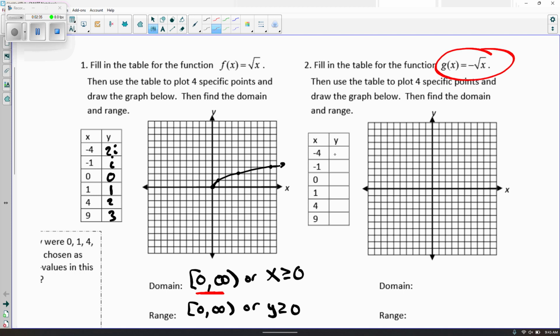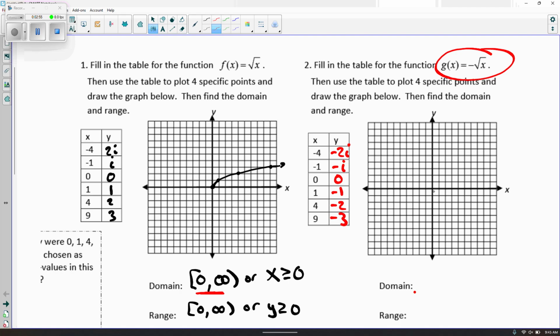So this one would be, what's the square root? -2i, -i, 0. 1 would be what? All right.